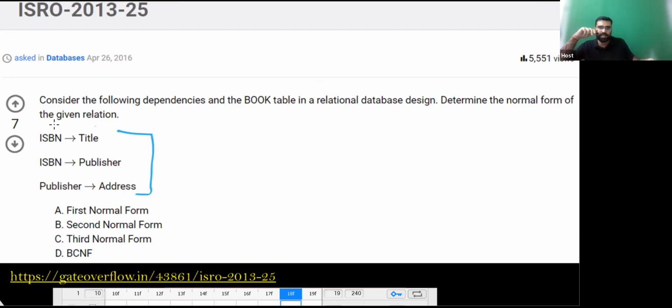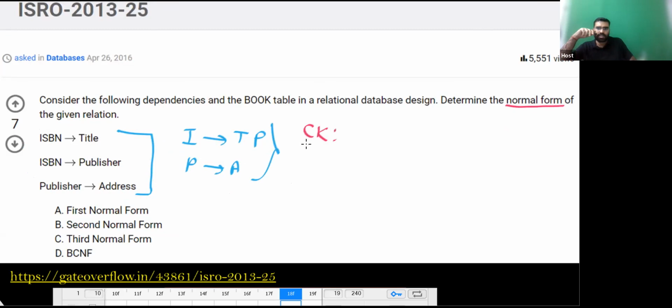You can say that I determines T, I determines P also, correct? I determines T, I determines P, P determines A. So this is what is given to you. From here, you find out what the candidate keys are. The question is asking the normal form.